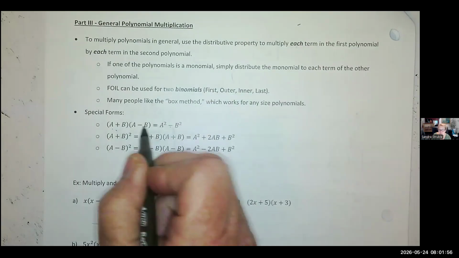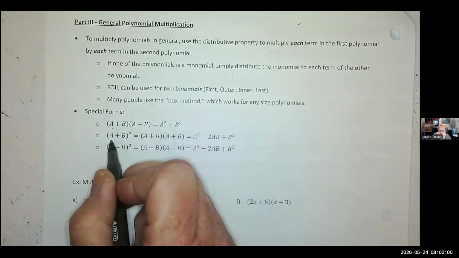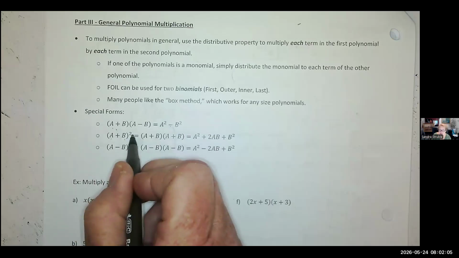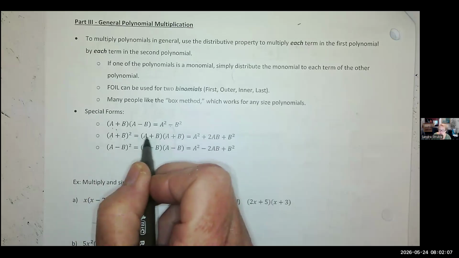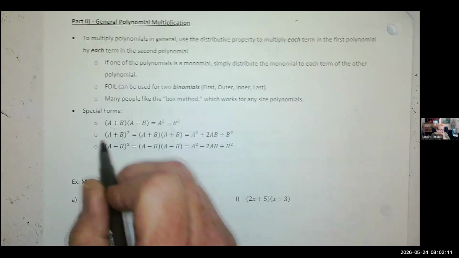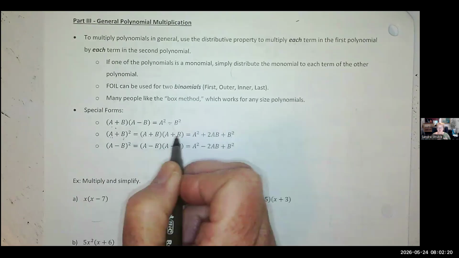If you have two terms added and squared, that's just a plus b times a plus b. And this is how you can do it: you square the first, multiply them together and double it, and square the last. I use this all the time. I love that. Instead of multiplying out and doing distributive or FOIL, it's just a really sweet one to do.